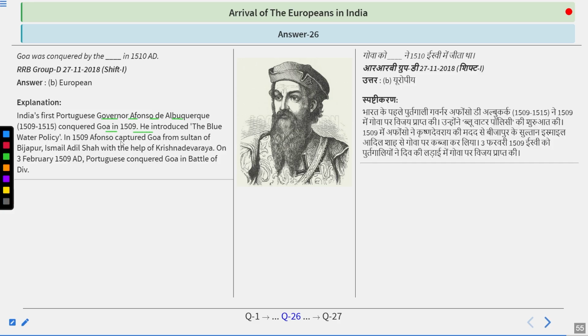He introduced the blue water policy, which means they used to collect tax from the Indian Ocean region. In 1509, Alfonso captured Goa from Sultan of Bijapur, Ismail Adil Shah, with the help of Krishnadev Rai. On 3rd February 1509, Portuguese conquered Goa in the Battle of Diu. So remember that the answer is Europeans.